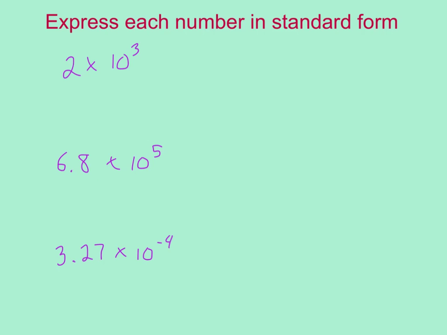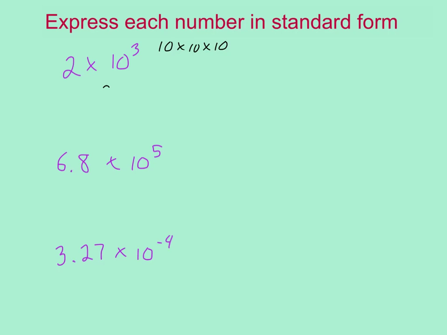Let's take a look at how we would express each of these numbers in standard form. So if I'm given this scientific notation and I want to write it in standard form, now I know that 10 to the third power is really just 10 times 10 times 10. And I know that I can use mental math to multiply by tens very easily by moving the decimal to the right.